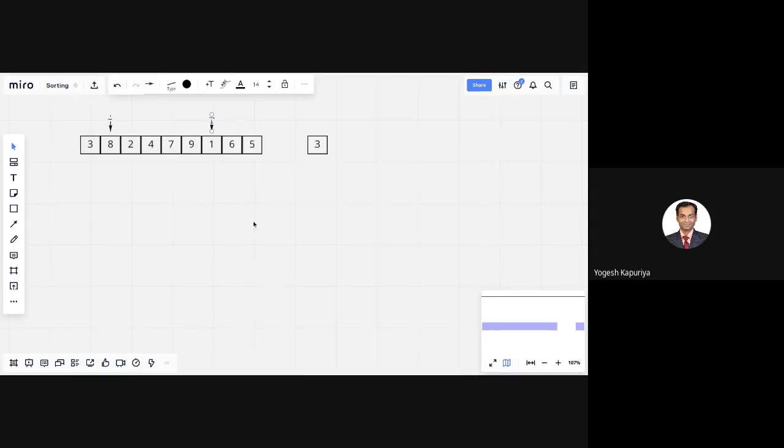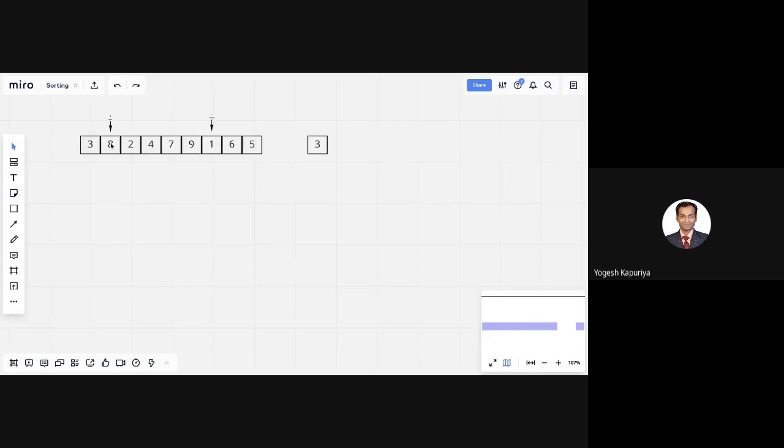So now what do we do? Now we will check the position of I and J. If I and J have overlapped, that means they have crossed, then it indicates that the algorithm has to be stopped. But if I is less than J, then you will simply swap these two values.